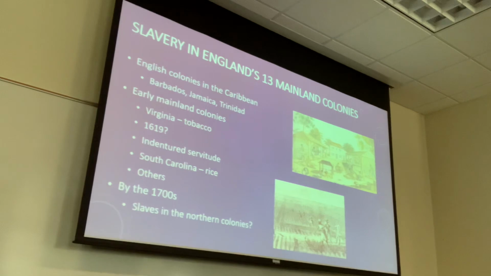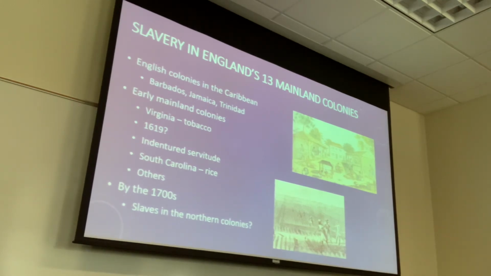Virginia follows that example and shifts from white indentured servants to African slave labor. Eventually, in the 1700s, all of the cash crop producing mainland colonies do the same. This includes Georgia, a rice producing colony.